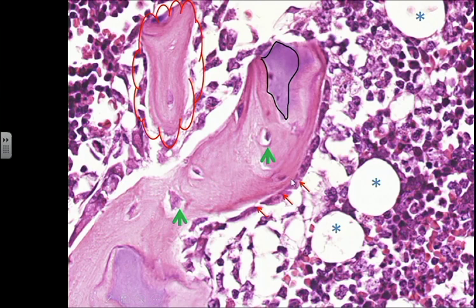When we look at the edges of this bone spicule, it's very smooth in contour. It's not really irregular. Even this smaller bone spicule is very smooth in contour. When we look at the cells just lying at the surface of the bone spicule, highlighted by the red arrow, they are plump, oval cells aligned as a single cell in a row.